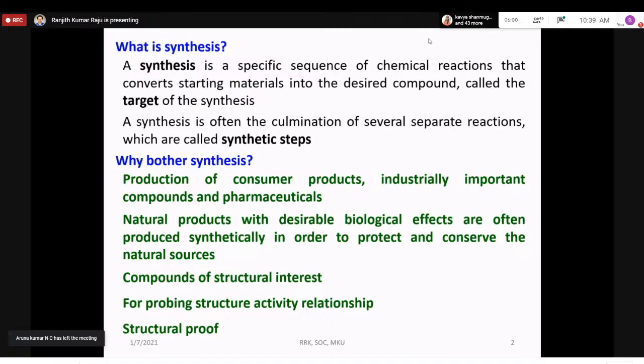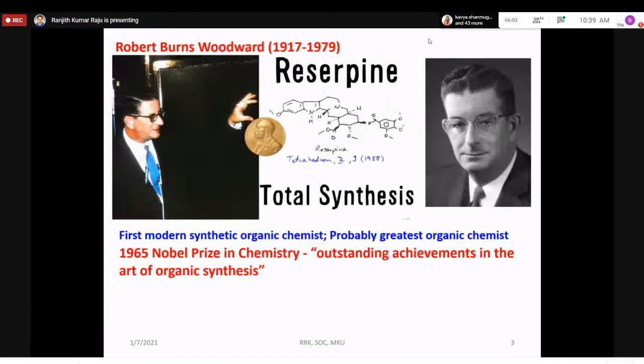Now there are many people who have done a lot of work in this area, especially Woodward. He was the first modern synthetic organic chemist, and probably is the greatest synthetic organic chemist until now. He was awarded the Nobel Prize for the synthesis of several natural products, like reserpine, cholesterol, etc. So you name it, it has come from the group of Woodward.